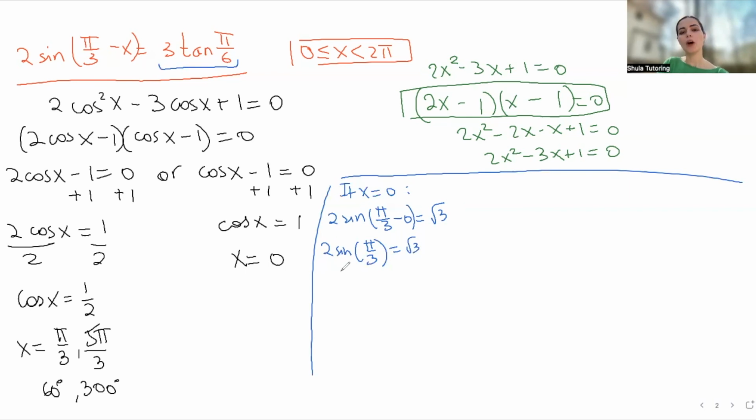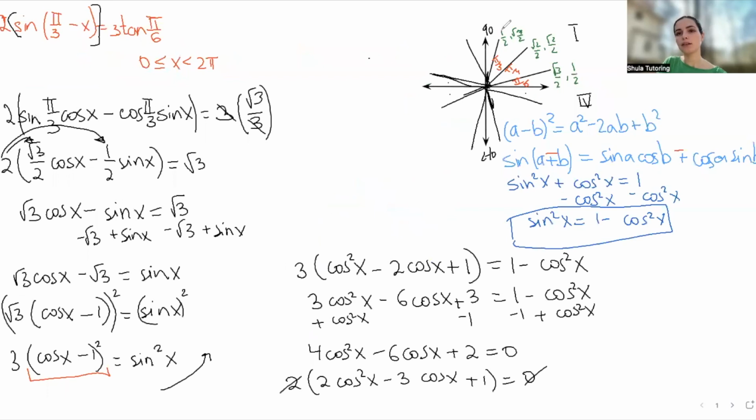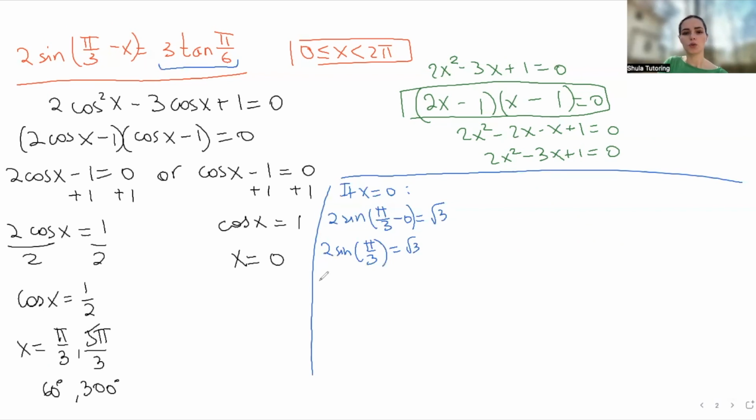Okay, so sine of pi over 3, pi over 3 is a 60-degree angle. For those angles, the sine is going to be square root of 3 over 2. So 2 times square root of 3 over 2 is equal to square root of 3. This is gone. So we are left with square root of 3 is equal to square root of 3. So x is equal to 0 actually works.